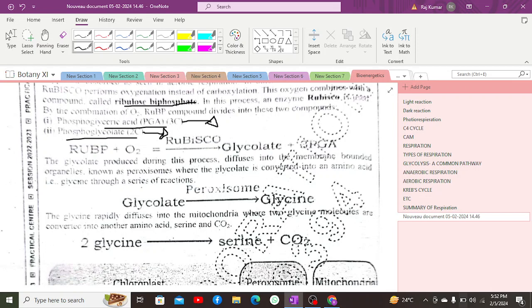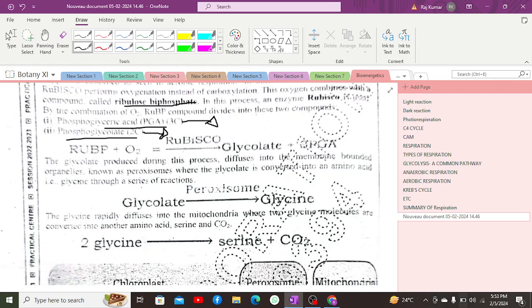And it is not that simple, because glycine is basically an amino acid, and it rapidly diffuses into the mitochondria, where two glycine molecules convert into a single amino acid known as serine, a three carbon amino acid, and one carbon dioxide is evolved. That carbon dioxide is evolved in the mitochondria and is of no use there, while serine is a three carbon amino acid.